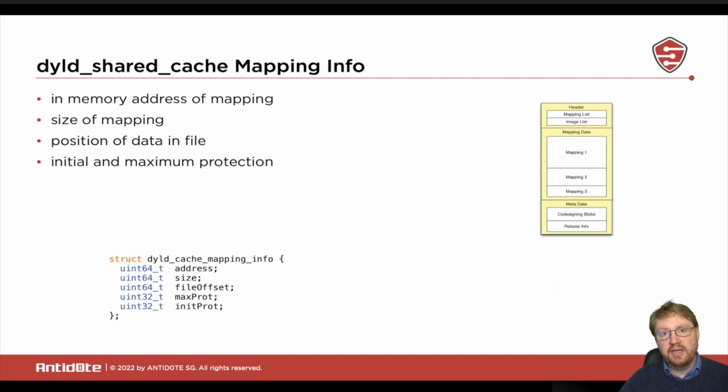And usually in the past, we had a cache that had like one mapping for a text segment, which was readable executable. We had one that was for data, which is read write. And then we had one for read-only data, which is read-only. That's basically the idea behind the mappings.